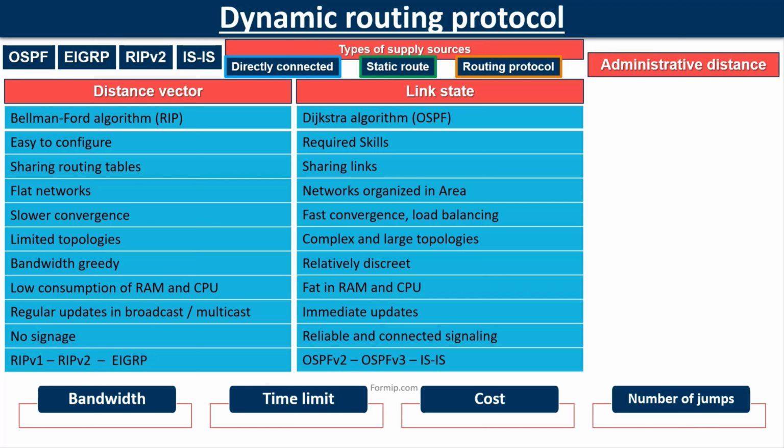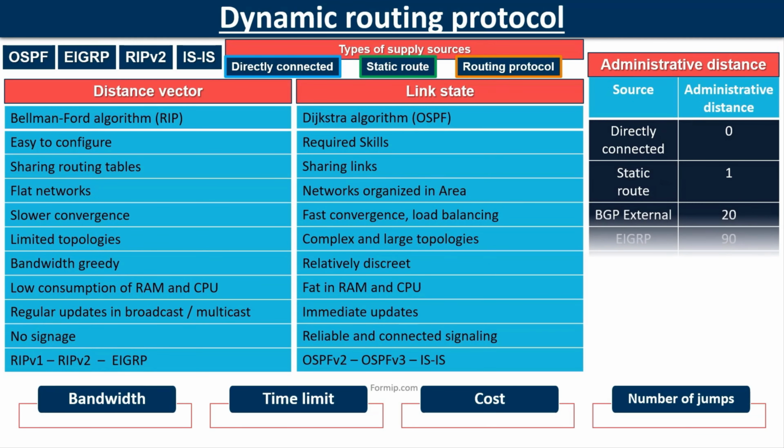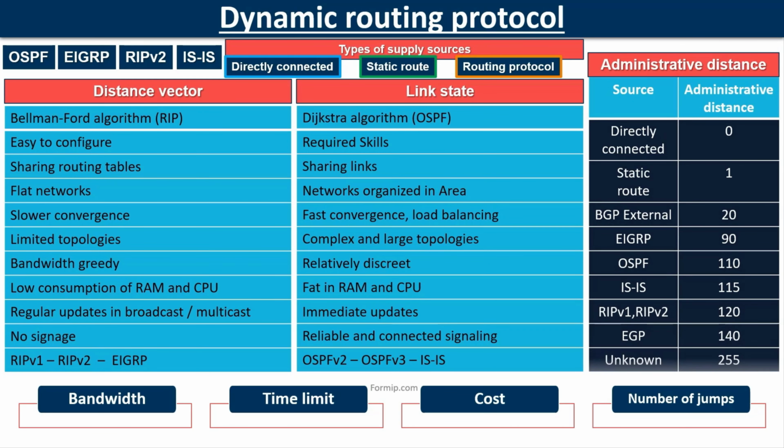In cases where there are several routes available to the same destination, the administrative distance allows the router to select the best route. It defines the reliability of the route. The smaller the administrative distance, the more trusted the source of the route.